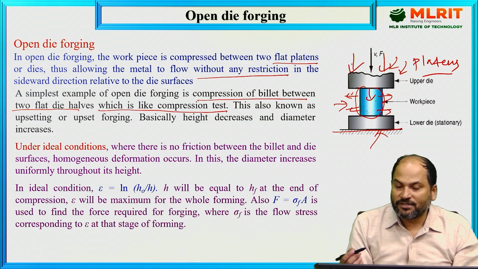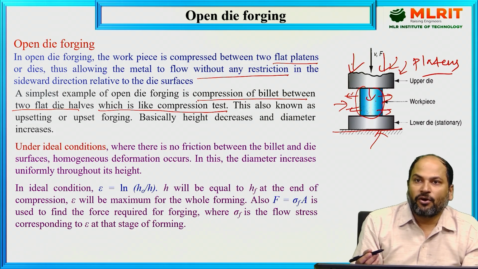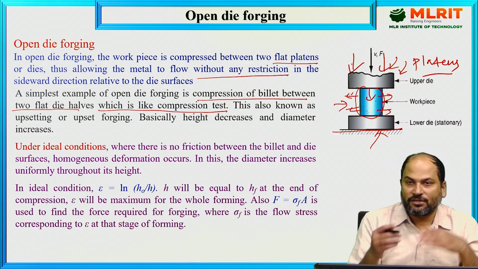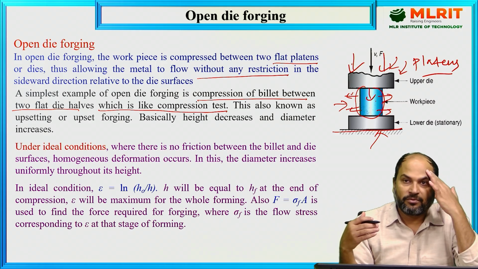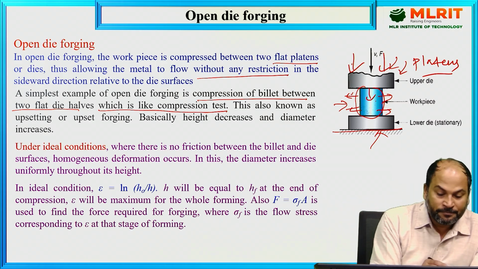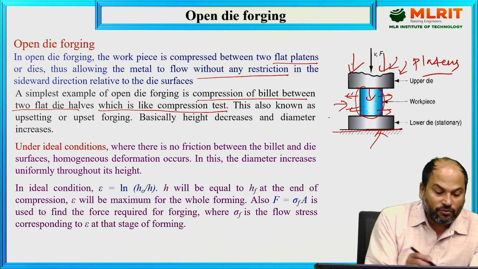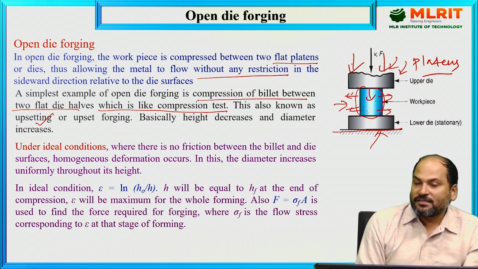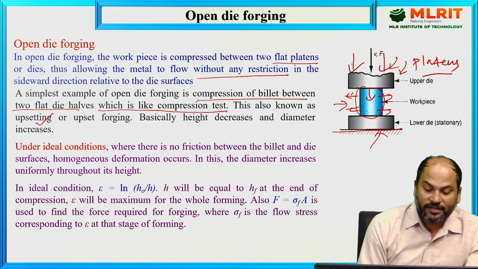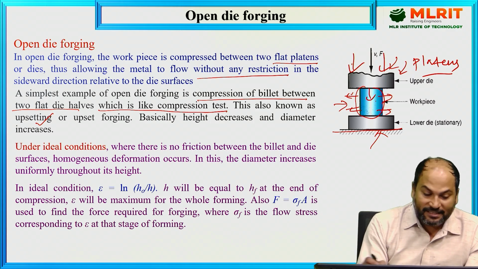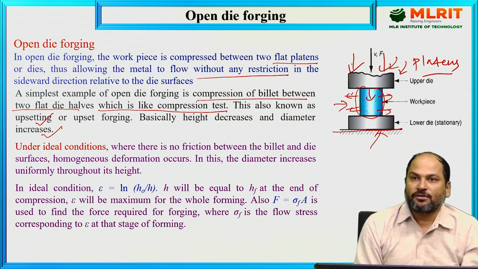So this is the best example to understand open die forging. Means in the sideward direction, there is no restriction on the material flow. This is also known as upsetting. Upsetting means increasing the cross sectional area and decreasing the length. Basically height decreases and diameter increases. This is also known as upsetting.